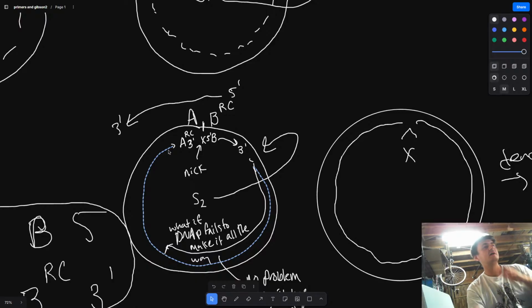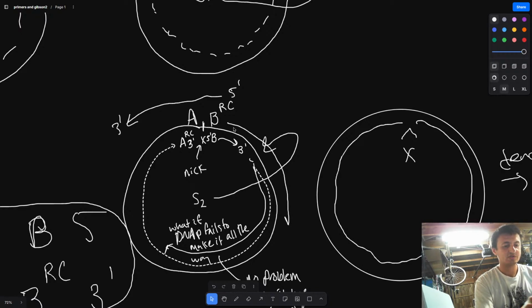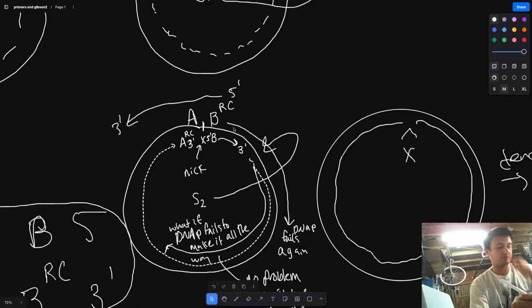And then same with this outer one. Okay, I think I was thinking of the outer one. So the outer one, let's say that this one fails here. DNAP fails. Well then, again, wait, hold on.